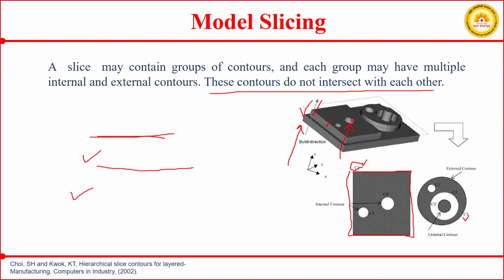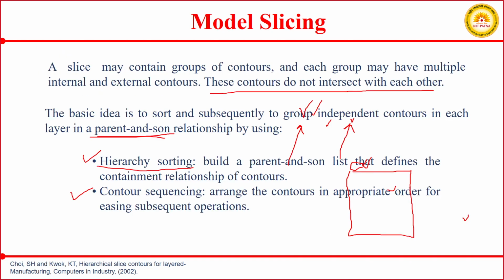It can be said to be the parent of all these remaining contours, because it is the contour within which all these contours lie. And vice versa, we can say C4 is the son of C1. First we will focus on hierarchy sorting, then we will go on to contour sequencing. We will try to understand what hierarchy sorting is.